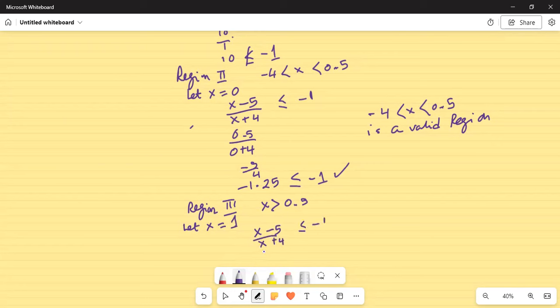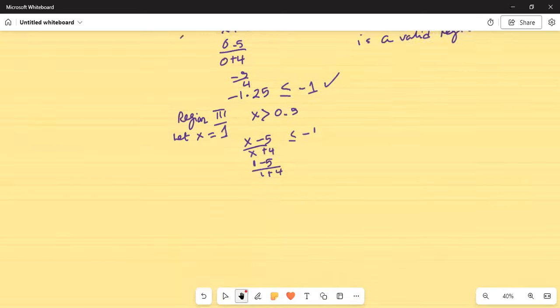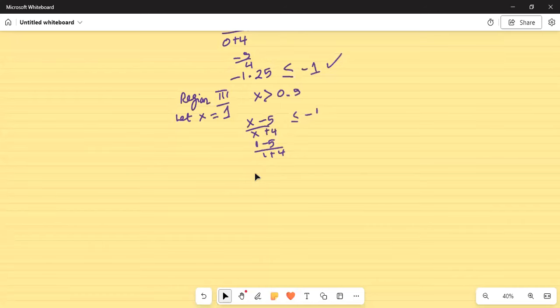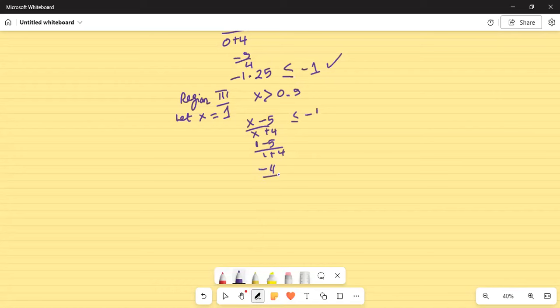So 1 minus 5 divided by 1 plus 4. 1 minus 5 is minus 4 over 5. And that is minus 0.8.